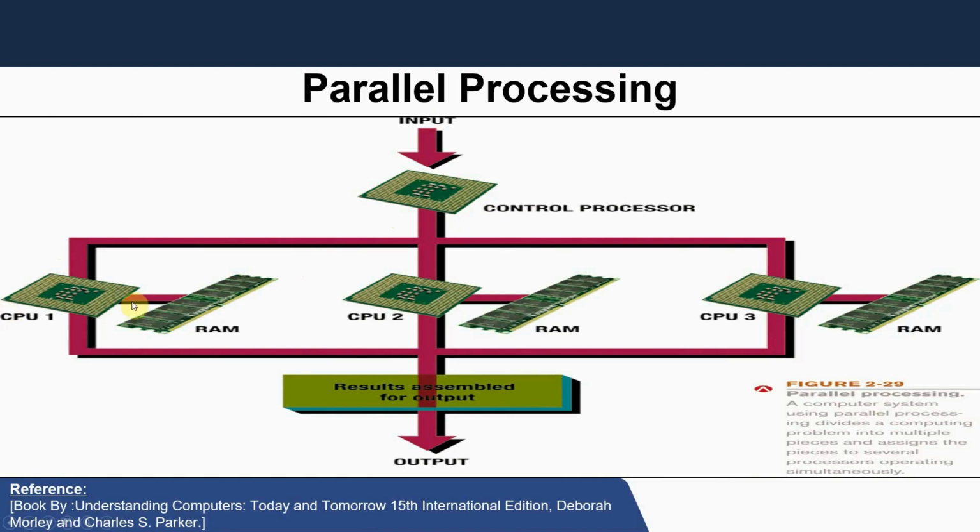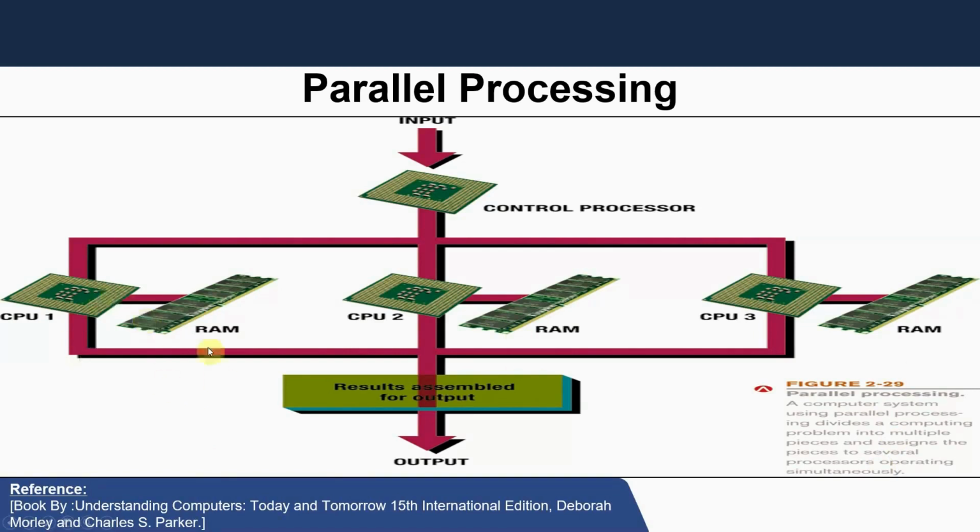For example, a part of that instruction will be processed by CPU 1, a part by CPU 2, and similarly a part by CPU 3. Although there is a single RAM, not RAM 1, RAM 2, RAM 3, the RAM can be split as much as required.